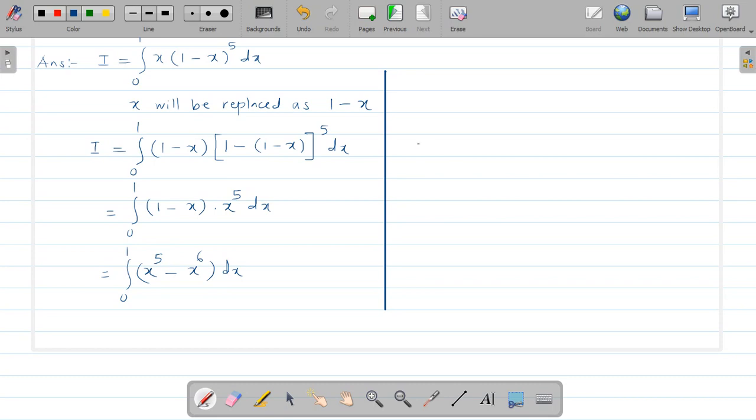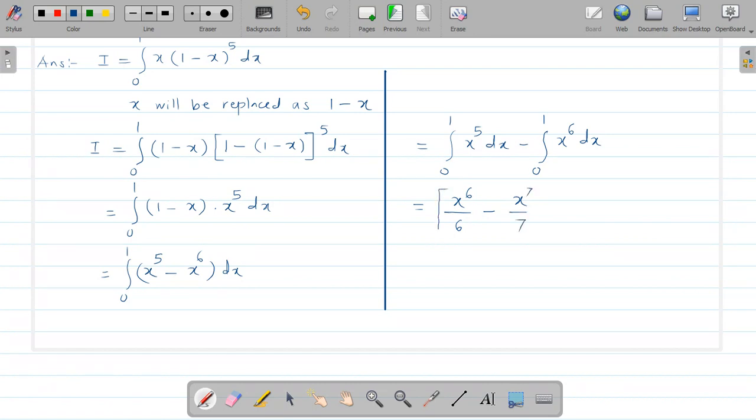So next step is it is equal to integration from 0 to 1 x raised to 5 dx minus integration from 0 to 1 x raised to 6 dx, separating the integration for both the terms. Now you know that integration of x raised to 5 will be x raised to 6 upon 6 minus integration of x raised to 6 is x raised to 7 upon 7.